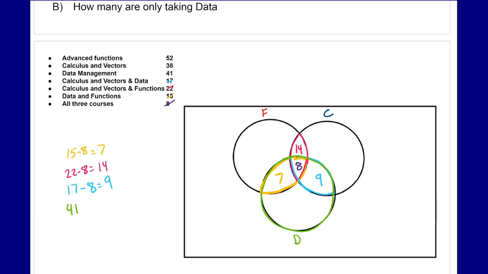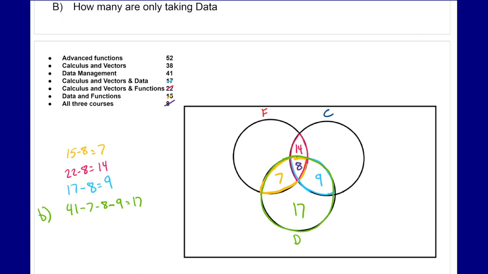So 41 students minus the 7 that are taking functions as well, minus the 8 that are taking all 3, minus the 9 that are taking calculus as well, and this leaves us with 17. So there are 17 students that are just taking data. So we've answered part B.